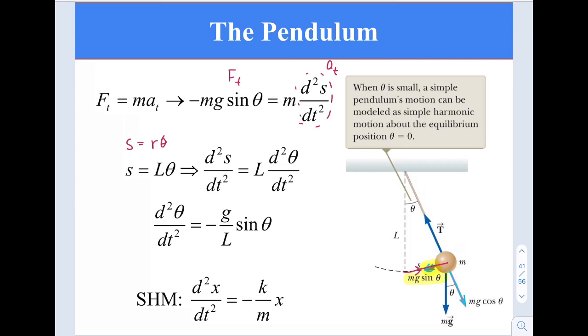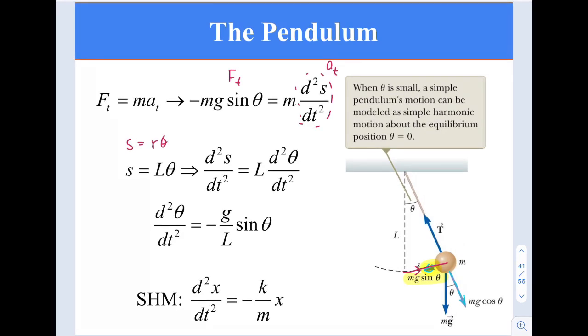So our r right now is the L, so S is equivalent to L theta, this linear displacement. Which brings us to d squared S over dt squared, which is the aT just now, must be equivalent to L d squared theta over dt squared. So this one is similar to this. Rearrange, and this one is going to be moved to this side.